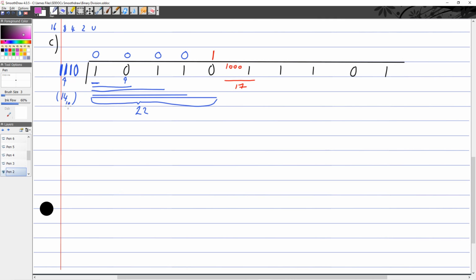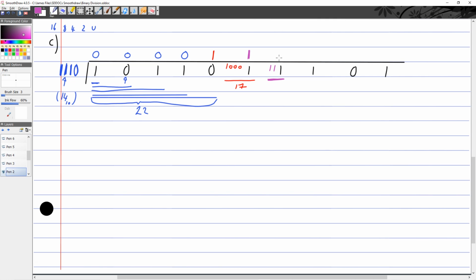And 14 will fit into 17 once, with a remainder of 3. There's our remainder of a unit and a 2 is 3. But now we treat, as we do with base 10, we treat it as 111, which is 7.